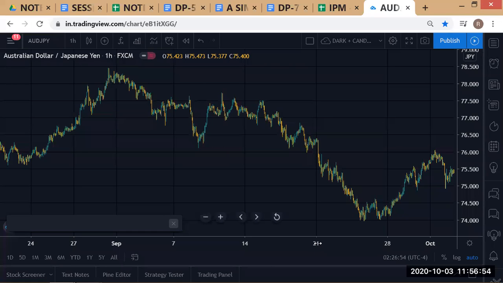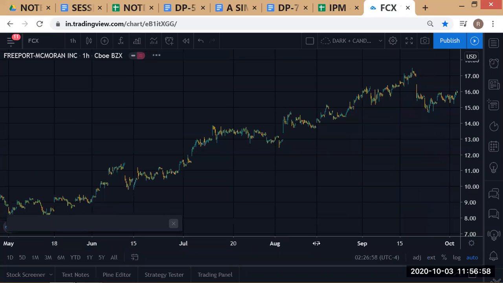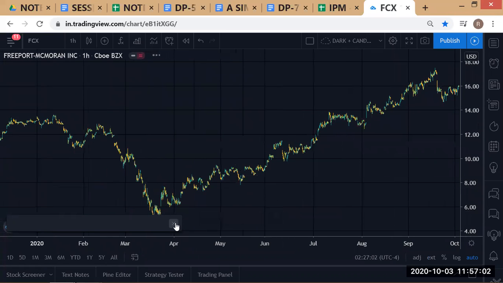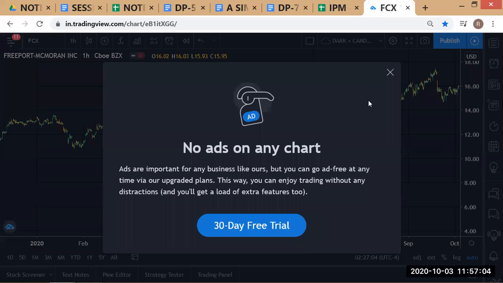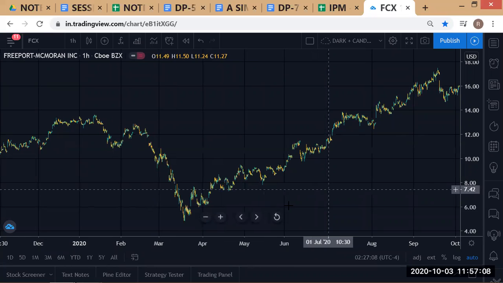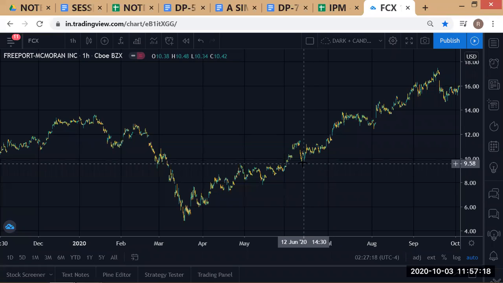If you remember, earlier we gave the example of FCX. We go back. What we said was that Sachin went long FCX at this point, and when he did that, he put a stop here.